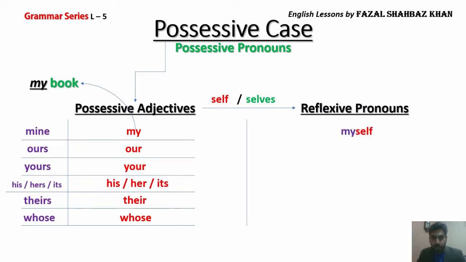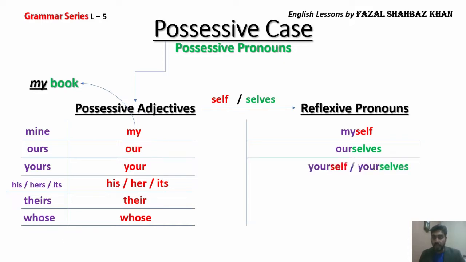Example, we have myself for the first person singular, as you can see, the attachment of my alongside the singular reflexive pronoun, that is self. So it forms a reflexive pronoun as myself. Then we have ourselves. Now selves is for plural, as you have heard, when we talk about more than one. So as you can see, the first person plural here, if we attach selves to our, it becomes ourselves.